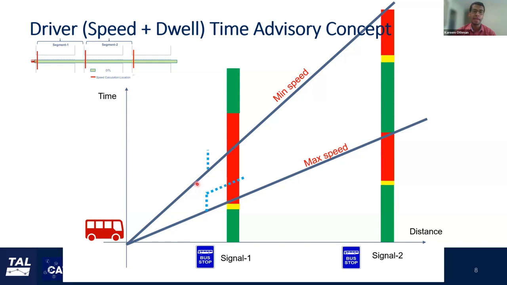Even if you select the minimum speed, you will face the same issue. Any selected speed will end up in a situation where you have to stop at the red phase. So you are moving the intersection stop to a stop at the bus stop. In other words, you are adding some additional dwell time to avoid the intersection stops.